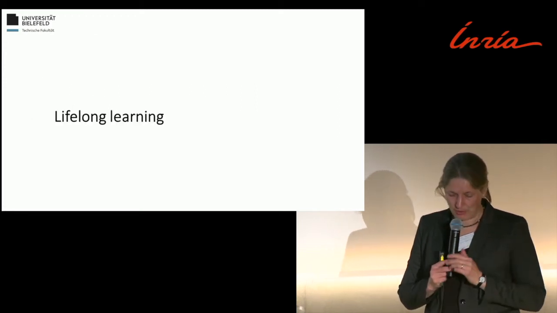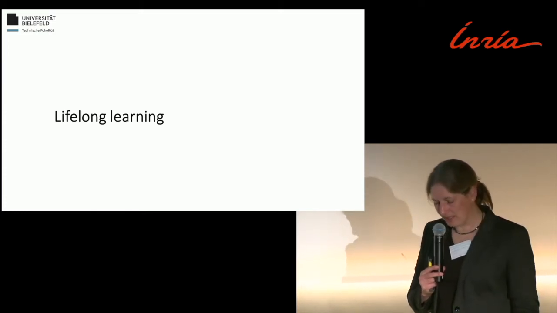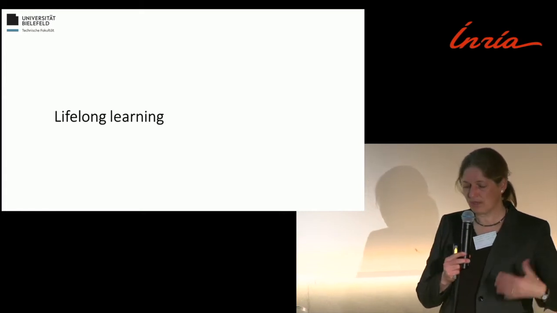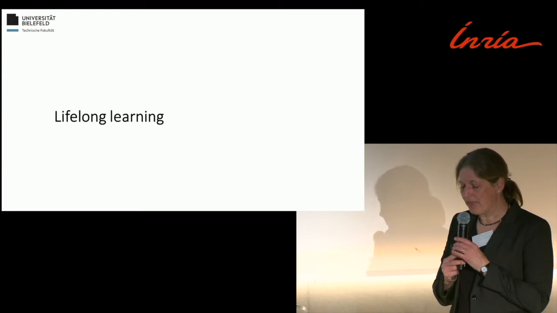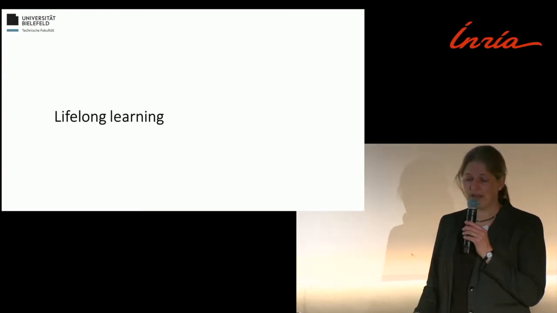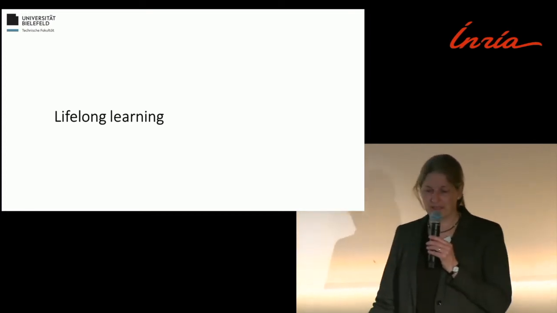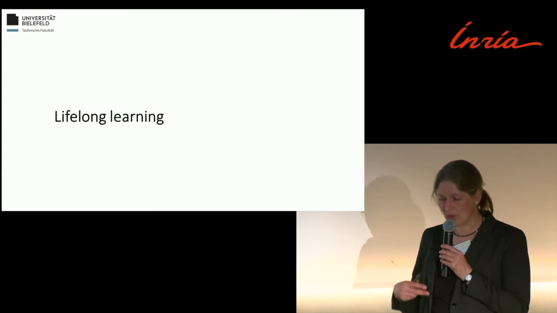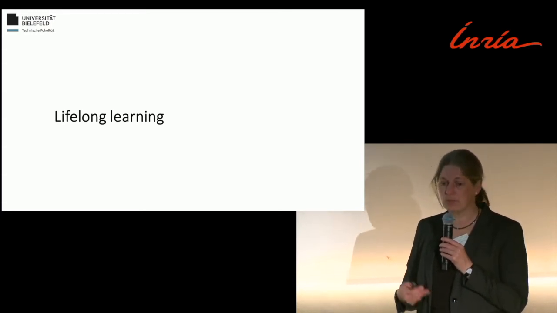I would like to go to the third part. So once you have some understanding of an AI model, you know the AI model is wrong, what can you do as a human to change the system? And there is the necessity of having systems which can adapt after delivery to new data becomes absolutely relevant, which is continual or lifelong learning, an open research area which becomes more and more relevant.